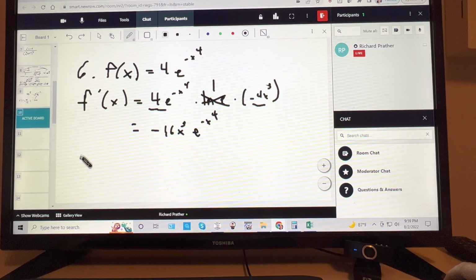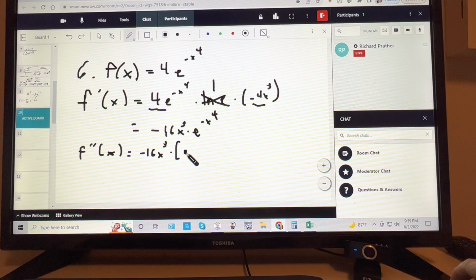But then when I switch to the second derivative, now there's 2 different functions of x multiplied together. That's product rule. So first times derivative of the second. So that's this all over again.